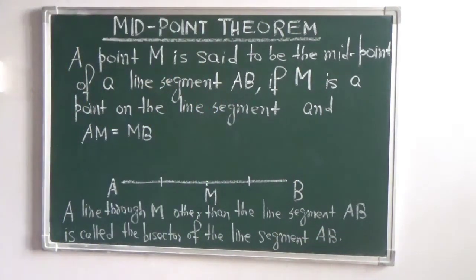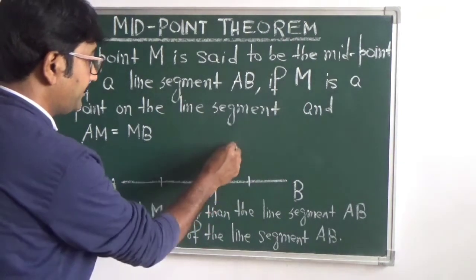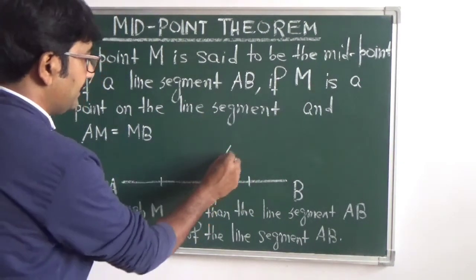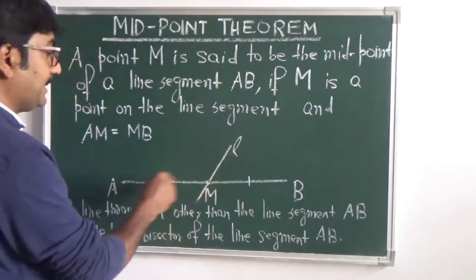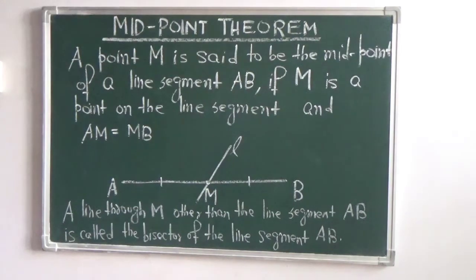So if we draw another line which is passing through the point M other than this line, supposing we draw a line, this one, L, then L will be called as the bisector because this line bisects the line segment AB at the point M. So L can be referred to as the bisector of AB.